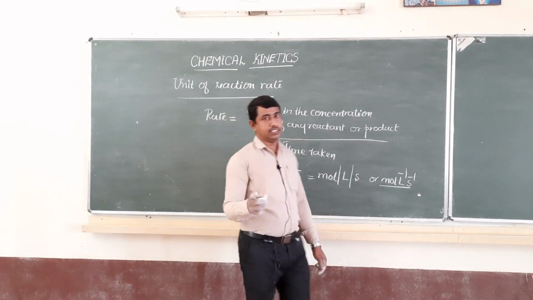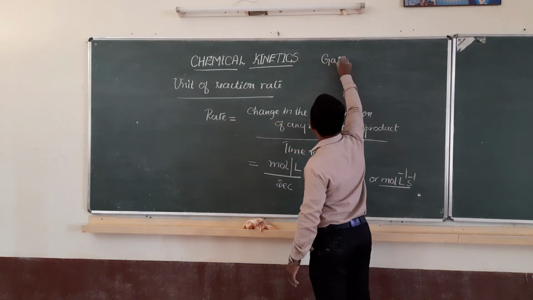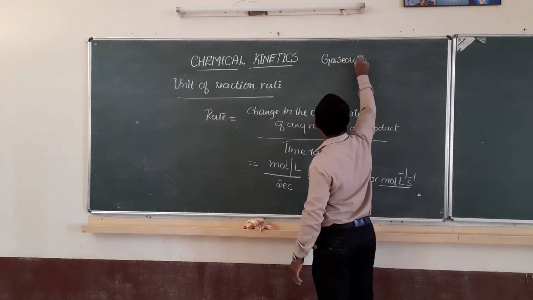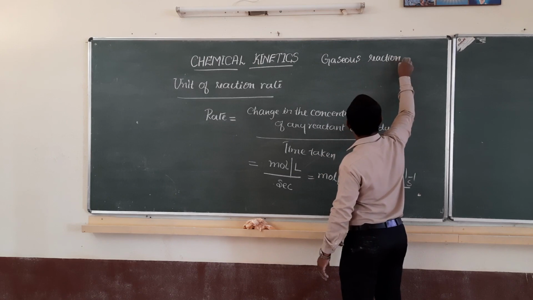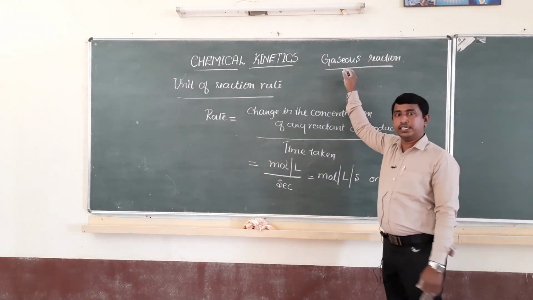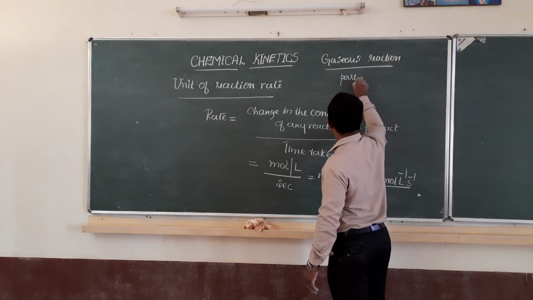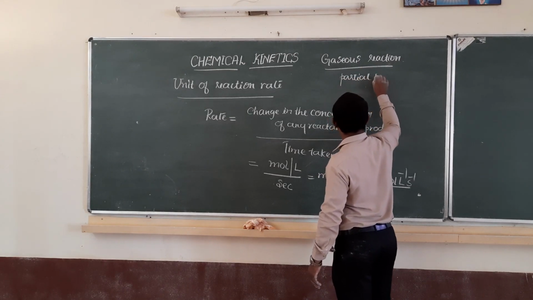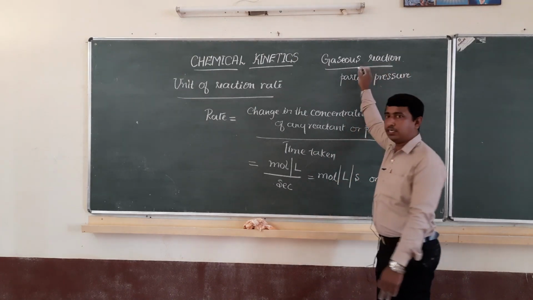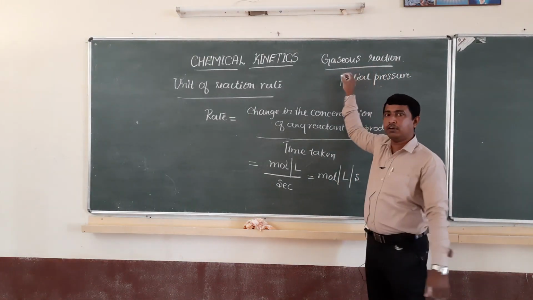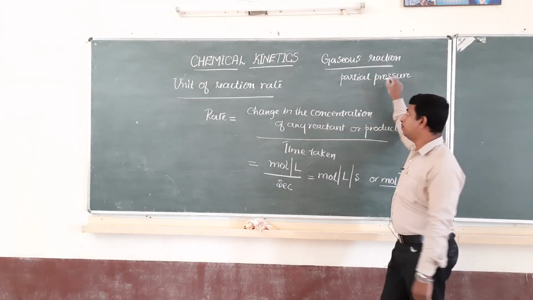In the case of a gaseous reaction, this one you have to remember. For a gaseous reaction, concentration is taken in terms of partial pressures. Concentration of a reactant or a product is considered in terms of partial pressure.